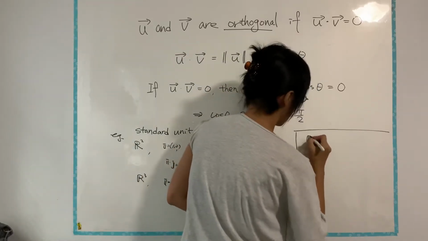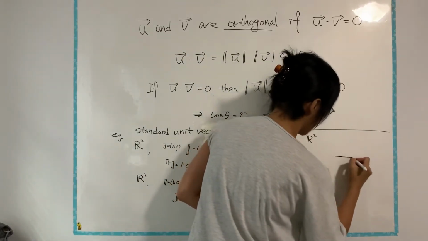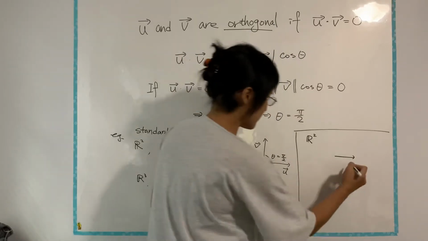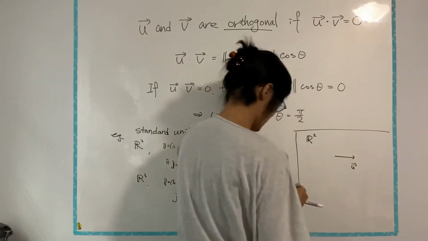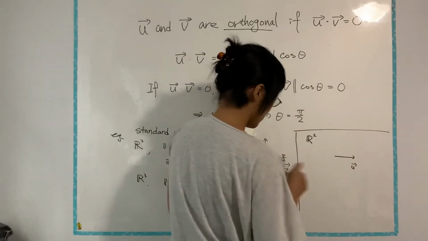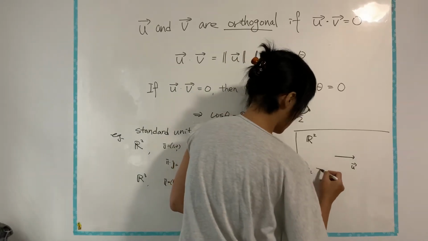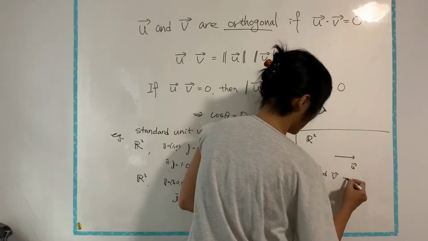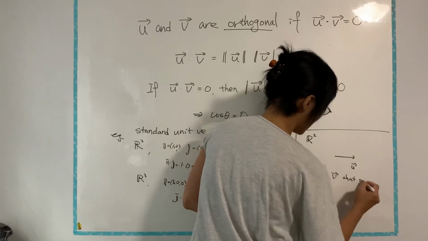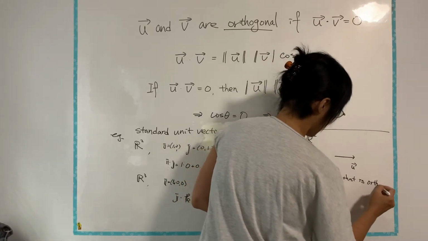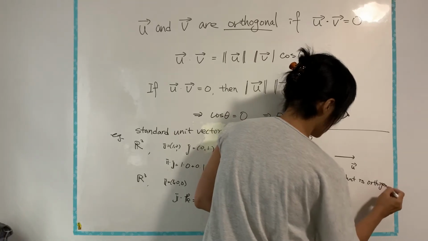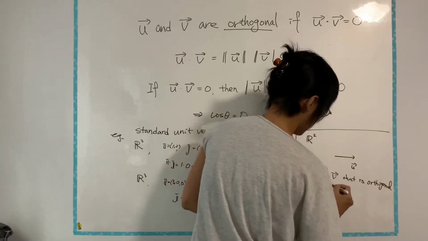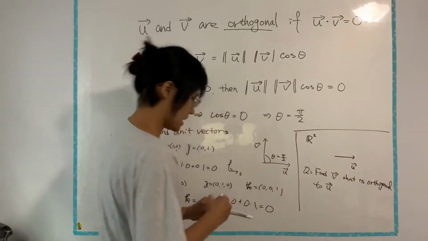If, let's say, on R2, I'm given a vector u, and I want to find v that is orthogonal to u, what does that mean?